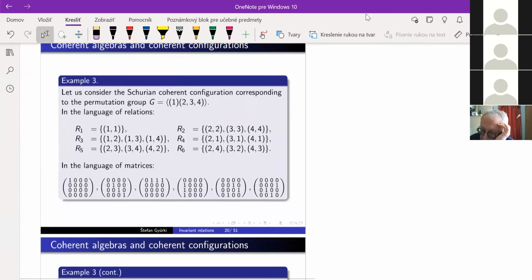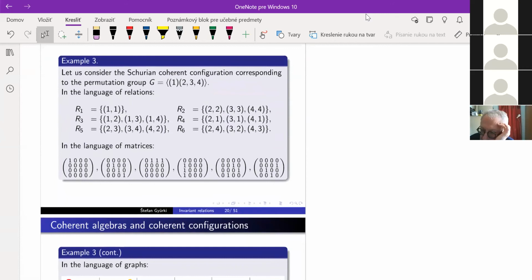Okay, so now again a few examples in order to understand the definitions. So take a permutation group, which is in fact the cyclic group of order 3, but take it in such a manner that the point 1 is always fixed. This permutation group has 6 two-orbits.